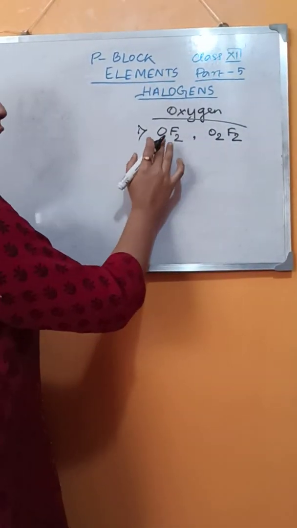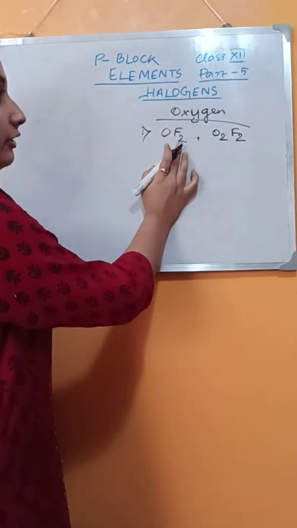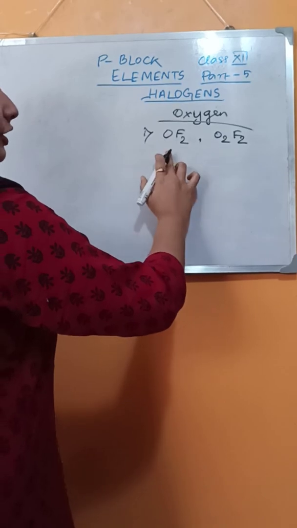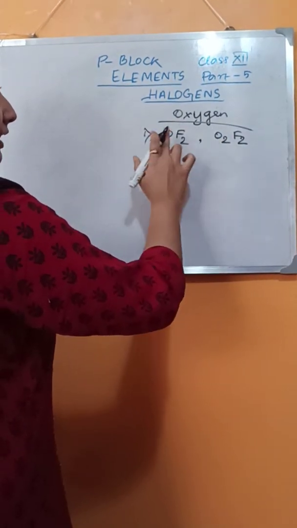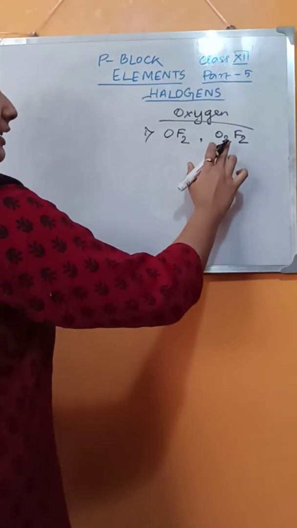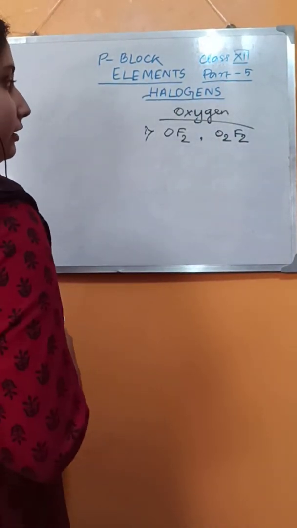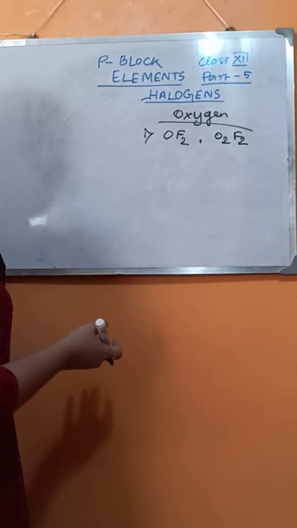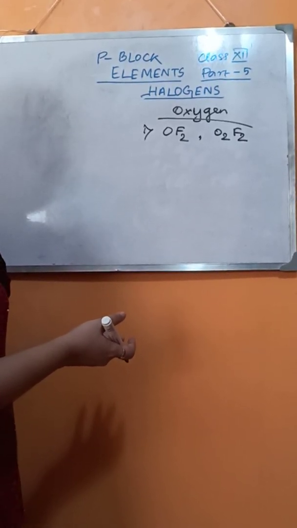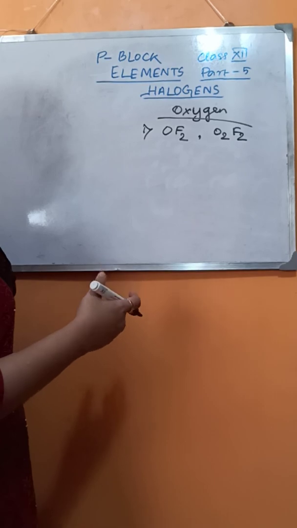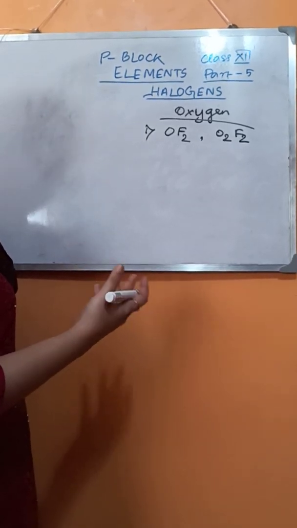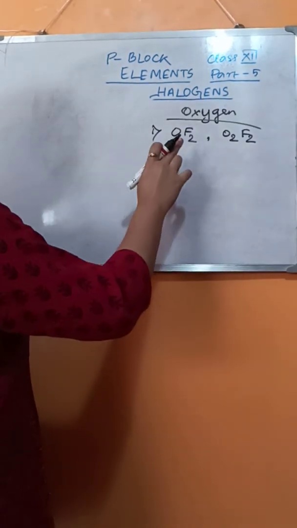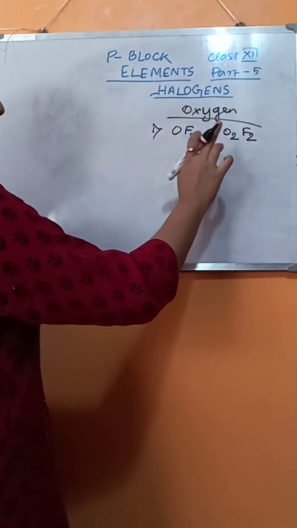Remember one thing, for fluorine, since the electronegativity of fluorine is more than that of oxygen, they are known as oxygen fluorides. This is oxygen difluoride and this is dioxygen difluoride. For other halogens, they are known as iodine oxides, chlorine oxides, like that. Because for other halogens, the electronegativity of oxygen is more than that of the other halogens. But fluorine's electronegativity is more than that of oxygen. So these two are named as oxygen fluorides.